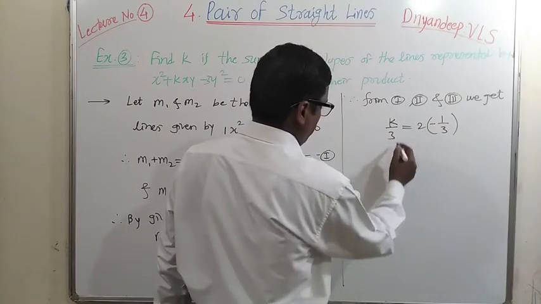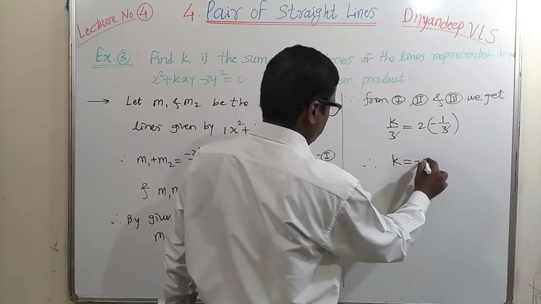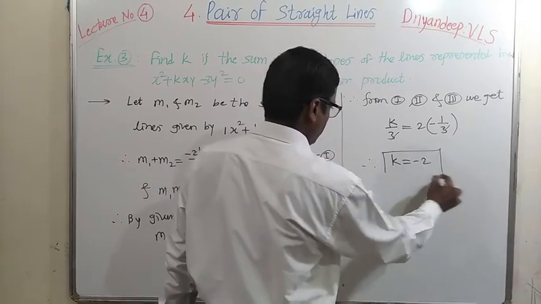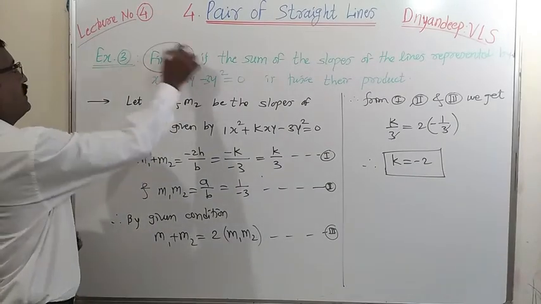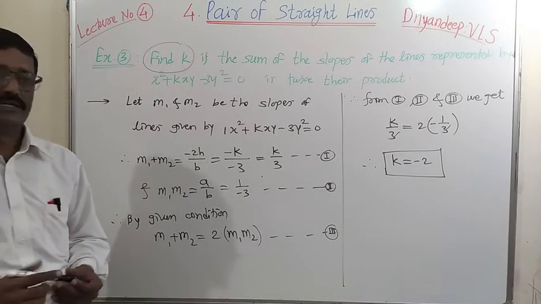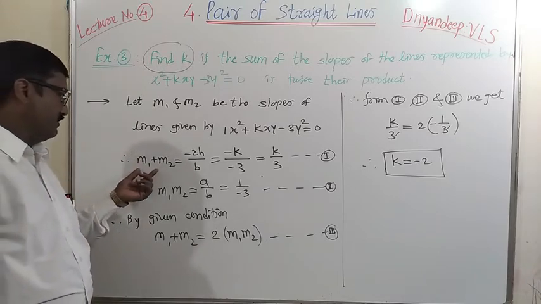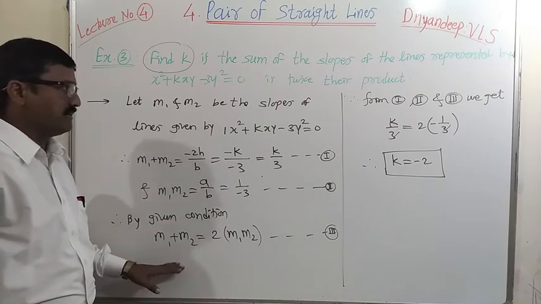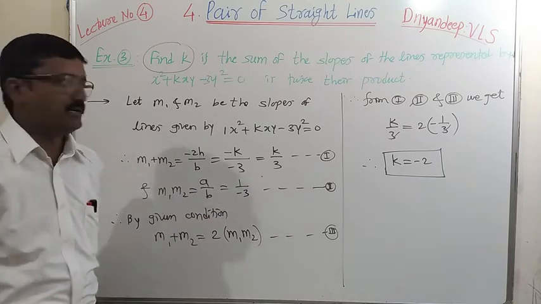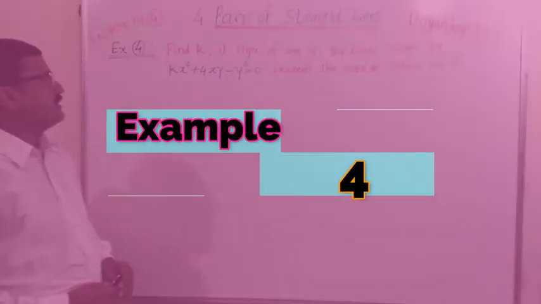So these 3 at the denominator get cancelled, remains k is equal to -2. So that is the unknown k. Find k, that is asked here. Okay, it's very simple. Just use the formula of sum of slopes and product of slopes and the given condition. You get the answer. Let us solve example number 4.